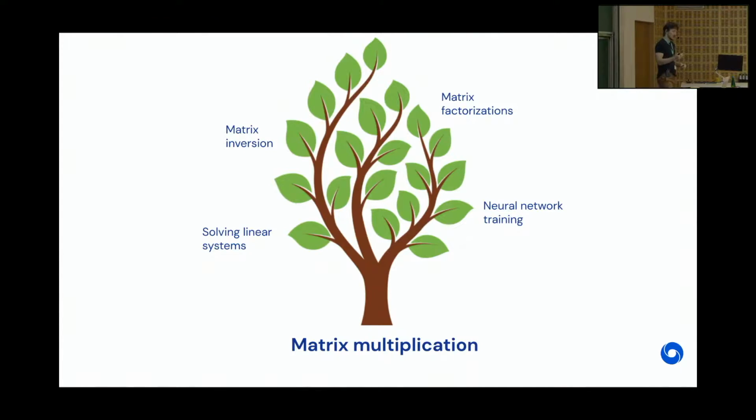The particular case of matrix multiplication as a computational operation is such a root node problem, because matrix multiplication is used as a computational primitive in many other computational tasks, including things like solving linear systems in simulations, and importantly also the training of neural networks, which is of particular interest to a company like DeepMind.